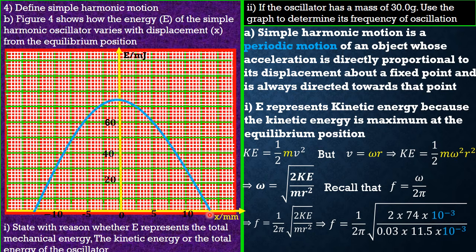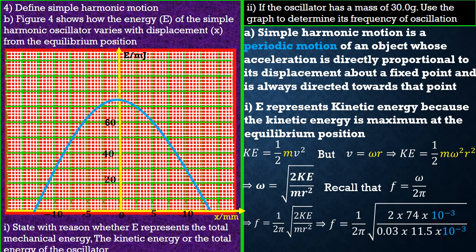And also your displacement r is in millimeters. Oops, if you look at what I've done here, you see that this r was supposed to be squared. It hasn't been squared here. So friends, please make that adjustment.